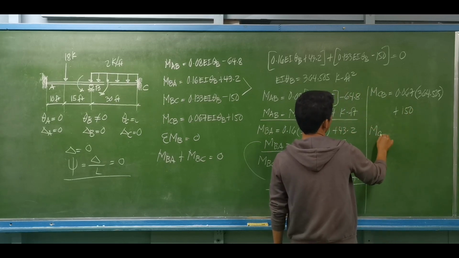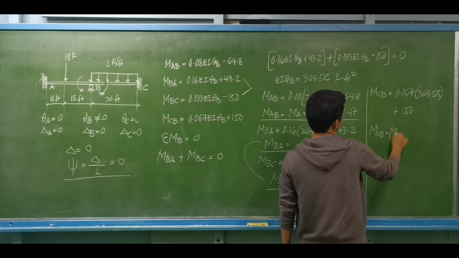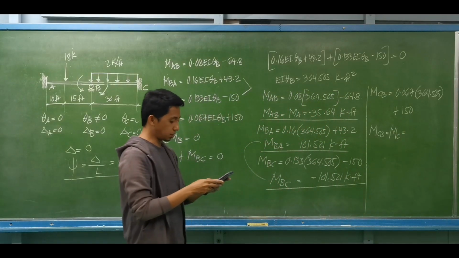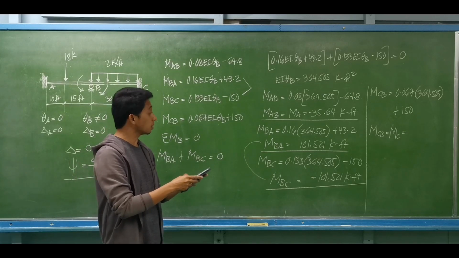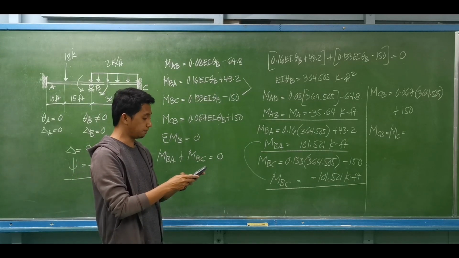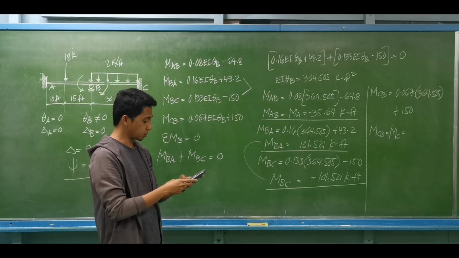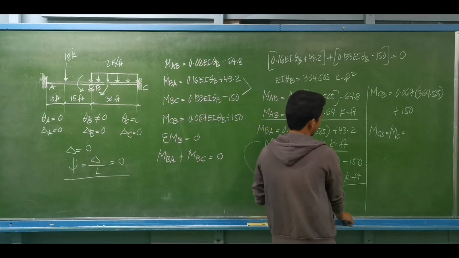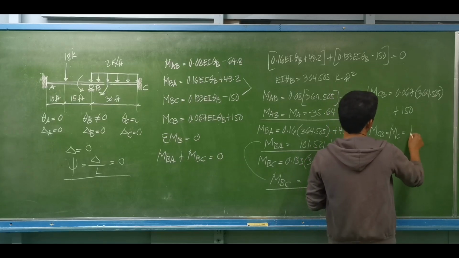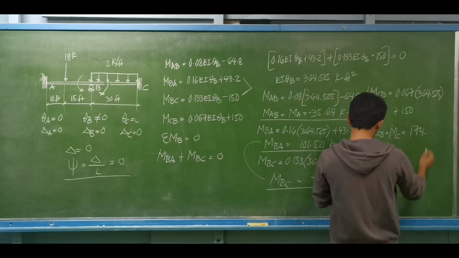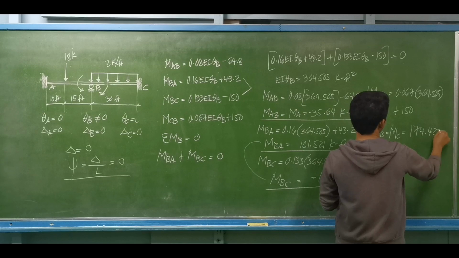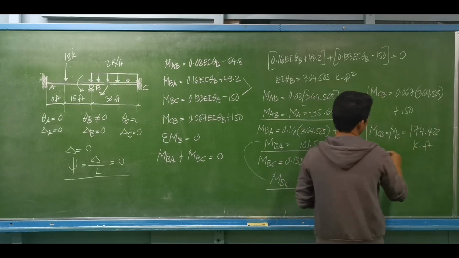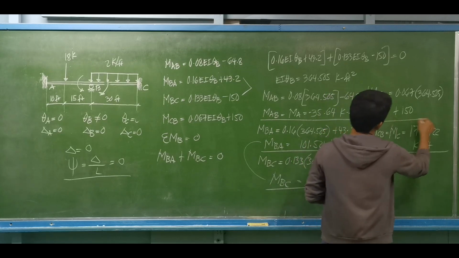So this is the moment for span CB, which is the same as the moment at C. That is 0.067 times 364.505 plus 150, so we have a moment of positive 174.422 kips foot. That is the same as the moment at C.